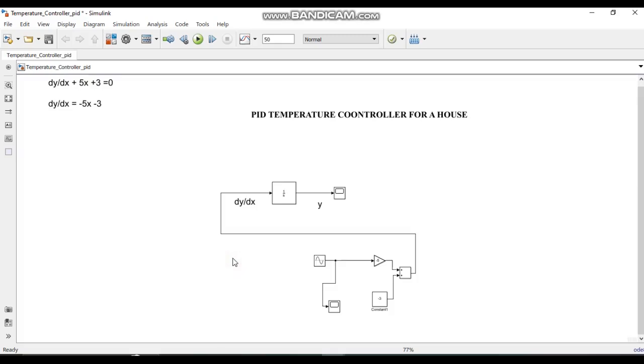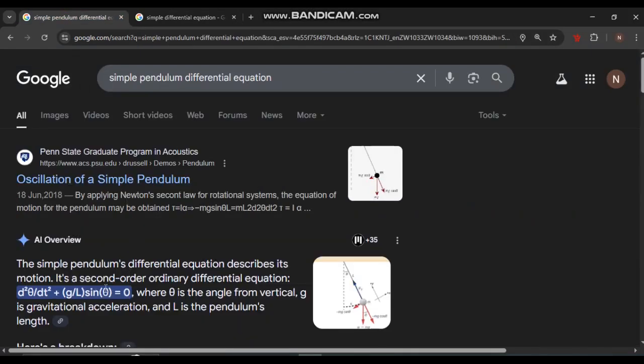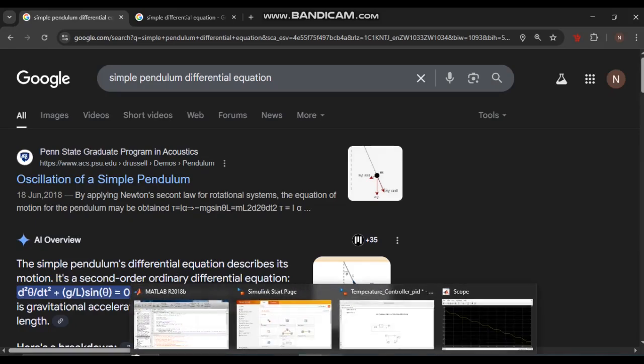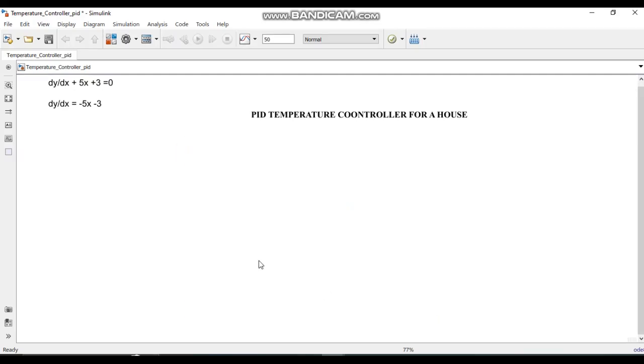So now we want to model something more realistic. We want to model this second order differential equation for a pendulum, right? So let me write it first, but let's delete this one.